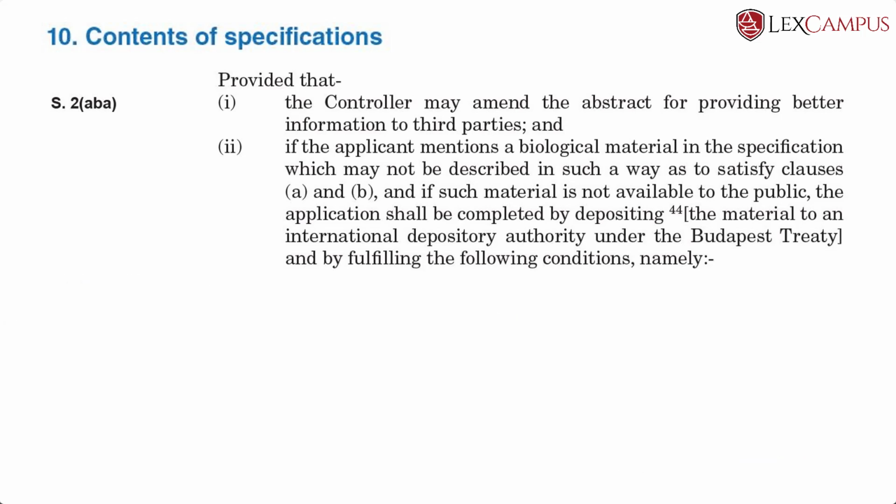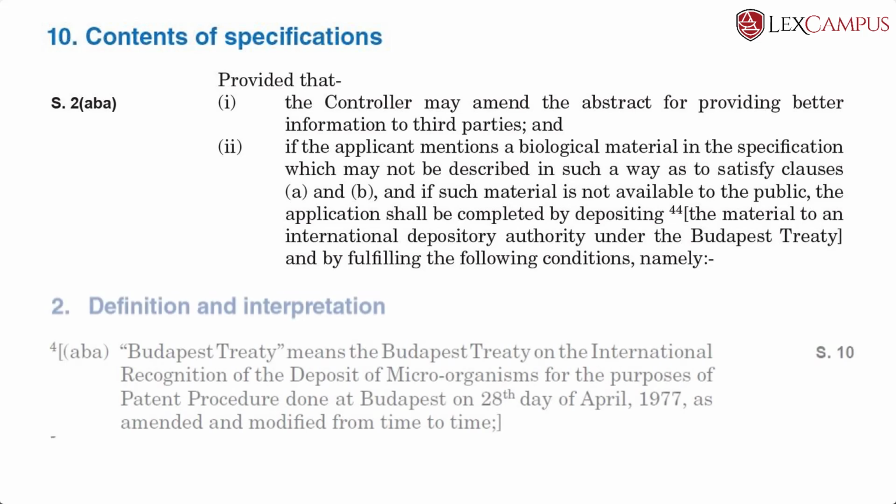Now, in the complete specification where an applicant mentions a biological material, and if the biological material is not described in a satisfactory manner, and if such material is not available to the public, then the applicant shall deposit the material to an international depository authority under the Budapest Treaty.